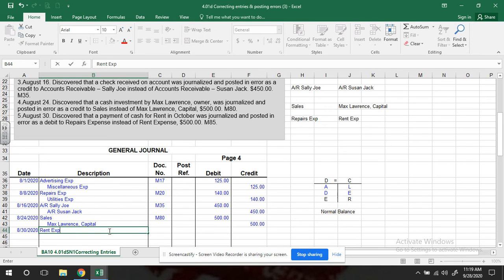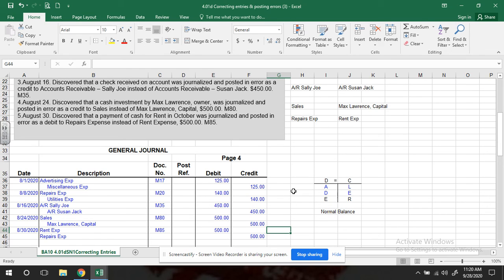That's where expenses are increased, is on the debit side. And this is memo 85. And we have to take it out of repairs expense. And since repairs expense, all expenses have a debit as a normal balance, to take it out of repairs, we had to make it a credit.